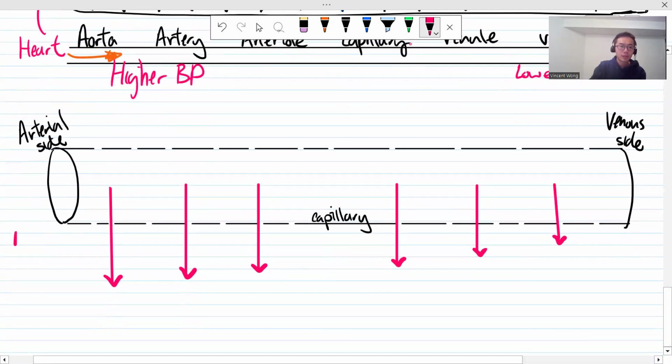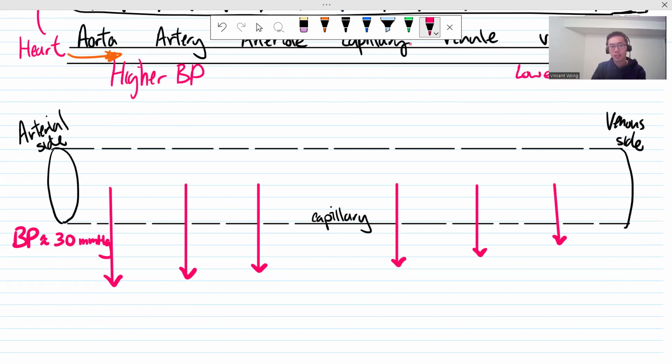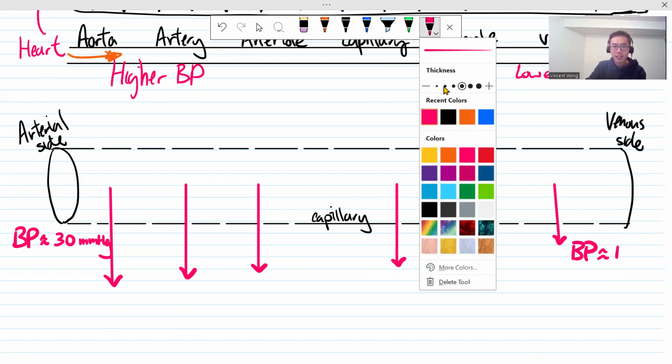Okay, so the blood pressure here, I'm just gonna give some numbers, approximately 30 mmHg. mmHg is millimeters of mercury. That's a unit for measuring blood pressure. And the blood pressure here is approximately 15 mmHg.